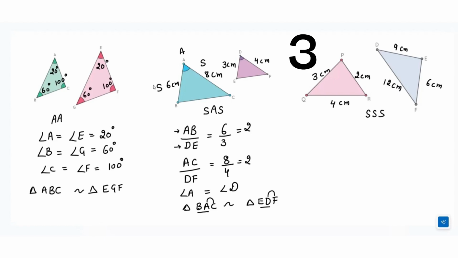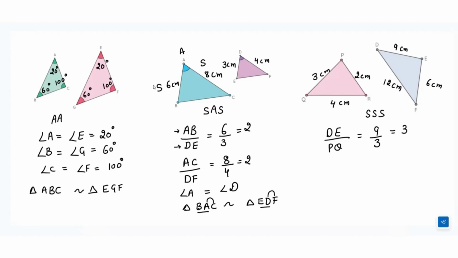Similarly, for the third one, side, side, side, that means the ratio of all three corresponding sides should be equal. So let's see. I will take DE over PQ. It's 9 over 3, and we will get 3.